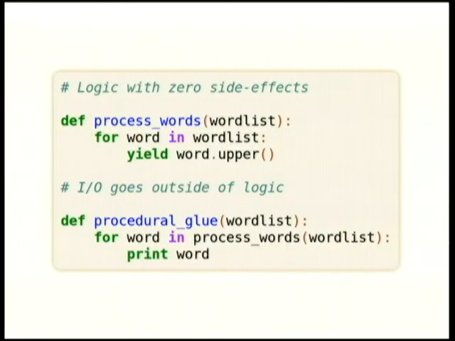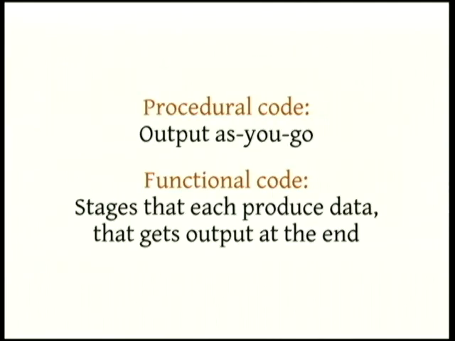Here is an example of the same code split into a purely logical piece where it consumes an iterator that gives it words and produces, as an iterator, as a generator in this case, a series of uppercase words, separately from the question of any side effects. And it can then be quite naturally plugged into a top-level, as Gary Bernhardt calls it, procedural glue routine, which then does the I/O on its behalf.